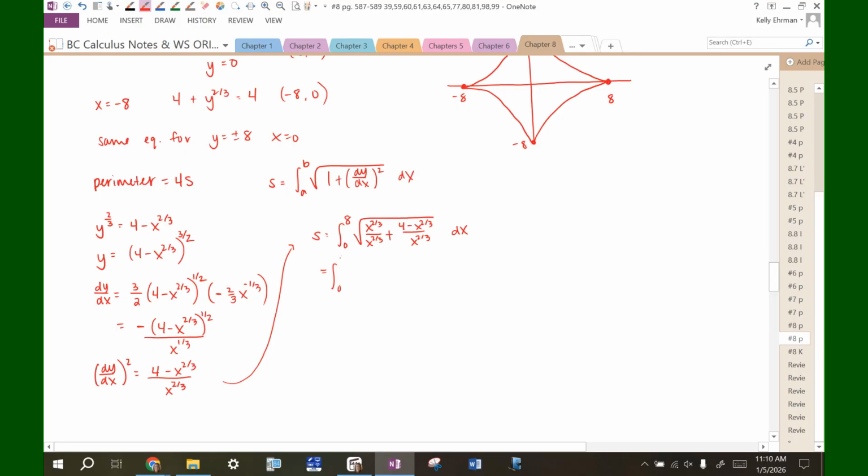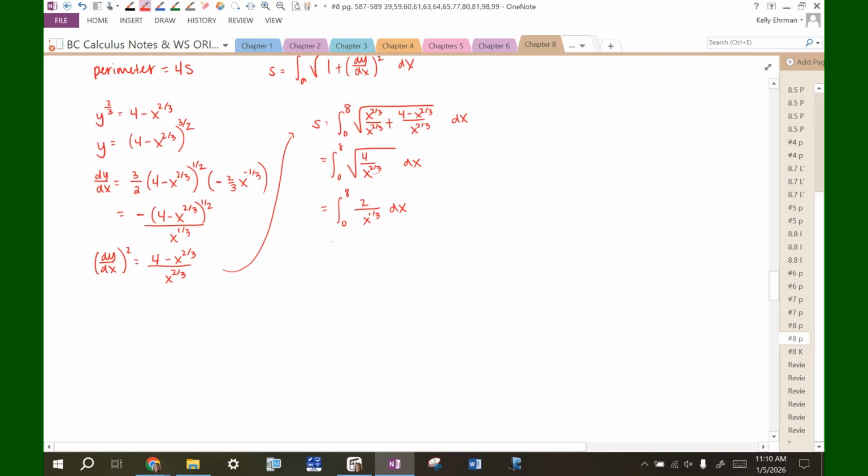Now it's the integral from 0 to 8 of the square root of, is it just 4 on top? Oh, that's weird. Okay. 4 on top over x to the 2/3. And the cool thing about this is we can square root that. Square root of 4 is 2. Square root of x to the 2/3 is x to the 1/3, dx.